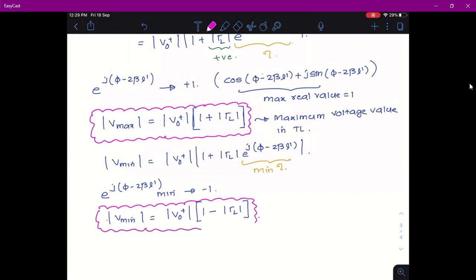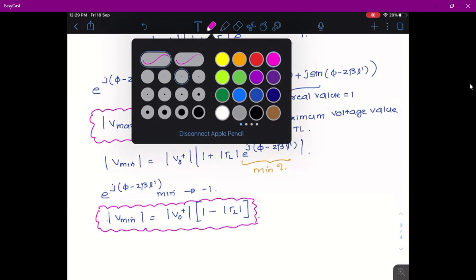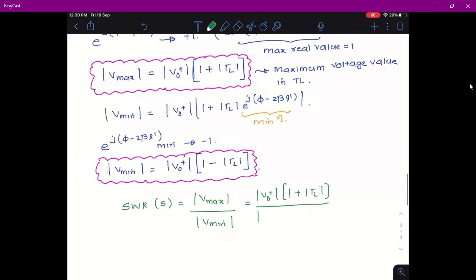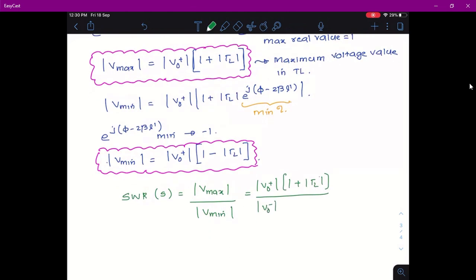So, now we can define our SWR, or standing wave ratio, denoted as S, equal to the magnitude of maximum voltage by the magnitude of minimum voltage. So, that is equal to V0 plus into 1 plus mod tau_L divided by V0 minus magnitude multiplied by 1 minus mod tau_L.